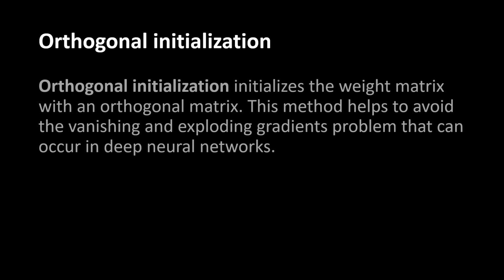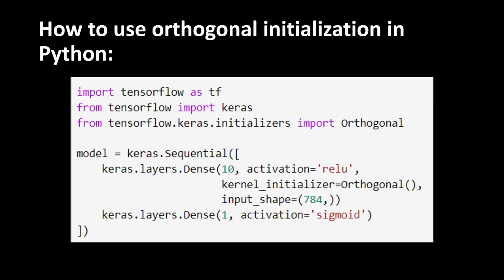The next one is orthogonal initialization. This method initializes the weight matrix with an orthogonal matrix, and it helps to avoid vanishing and exploding gradient problems that can occur in deep neural networks.